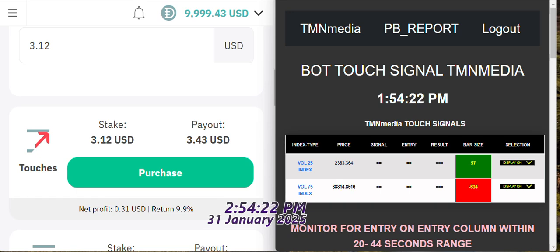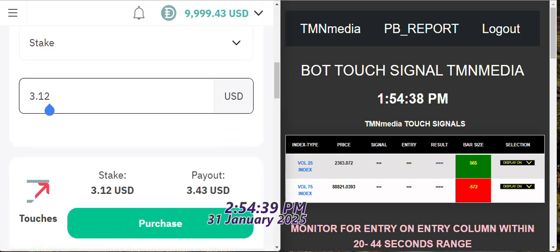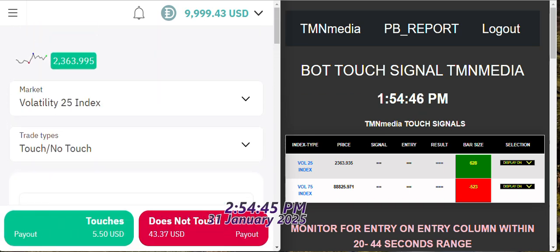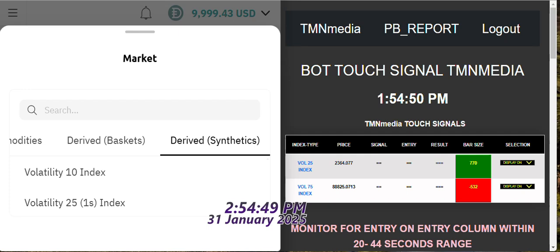So I'm going to run an example with one for you, to show how the touch works. The first thing I need to explain, which is very important before we run the trade, is to look at the left hand side right now. Let's say I'm going to use a simple figure. Once you select the index, you come here to synthetic and look for the one you want to select.